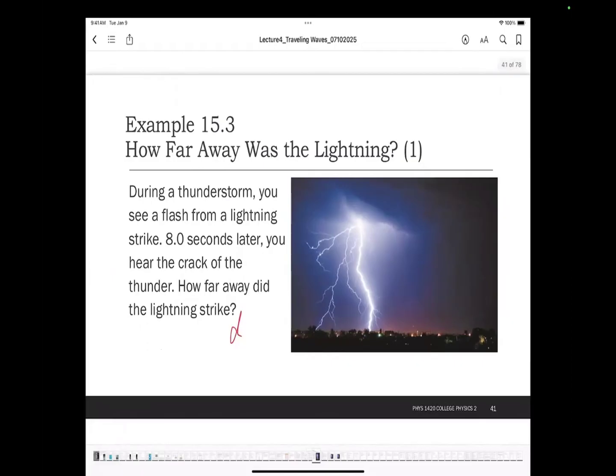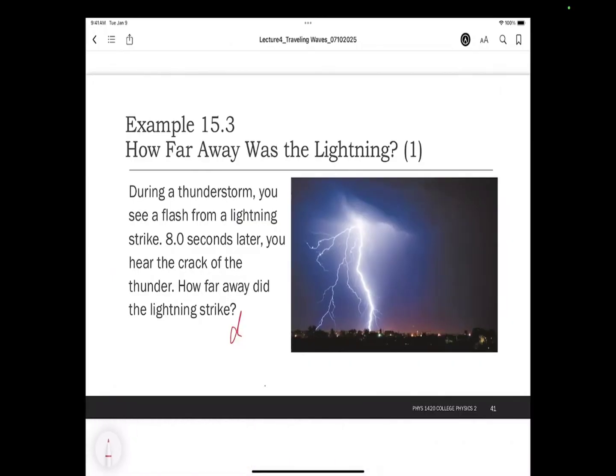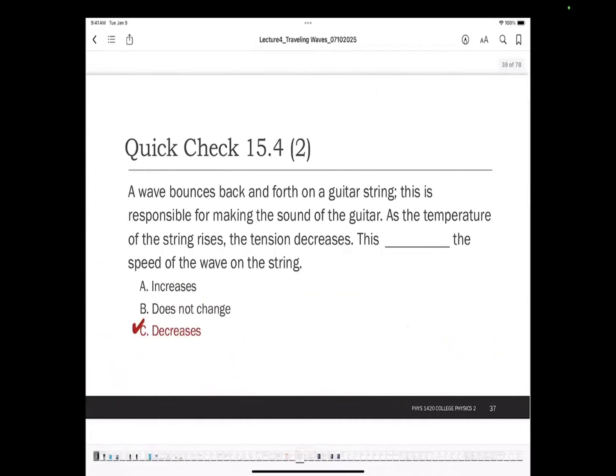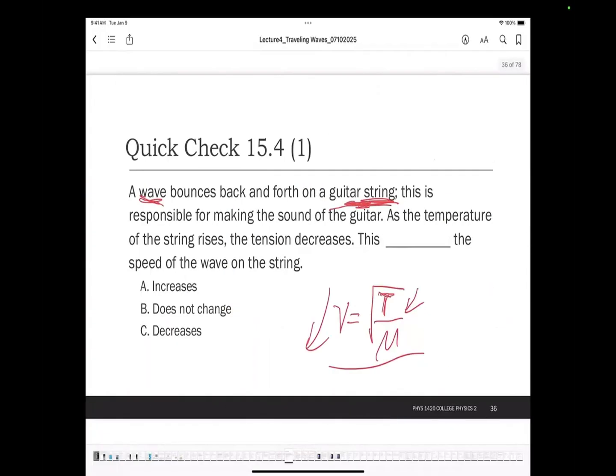And we know the sound wave speed. What is the sound wave speed? We have already talked about that. In air it is around 343 meters per second.